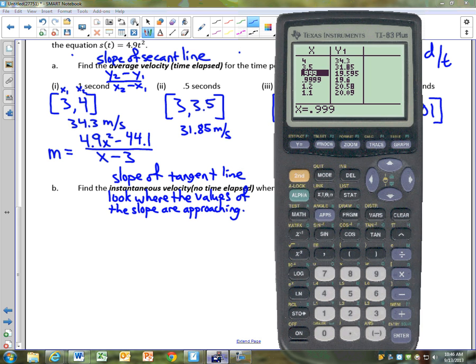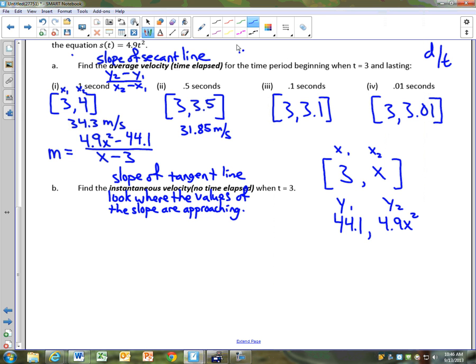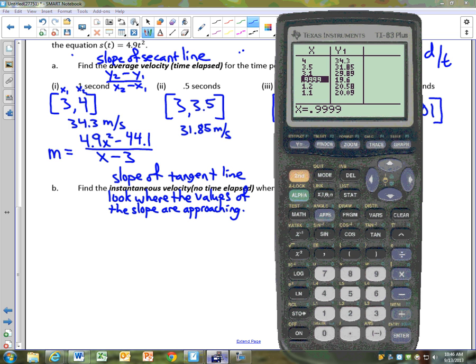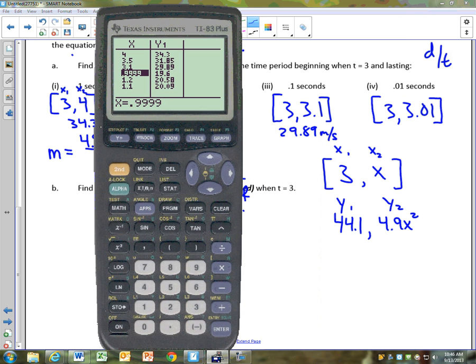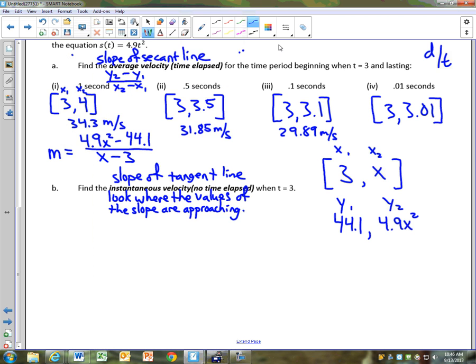Now I plug in 3.1, and I get 29.89 meters per second. And finally, I plug in 3.01, and I get 29.449.